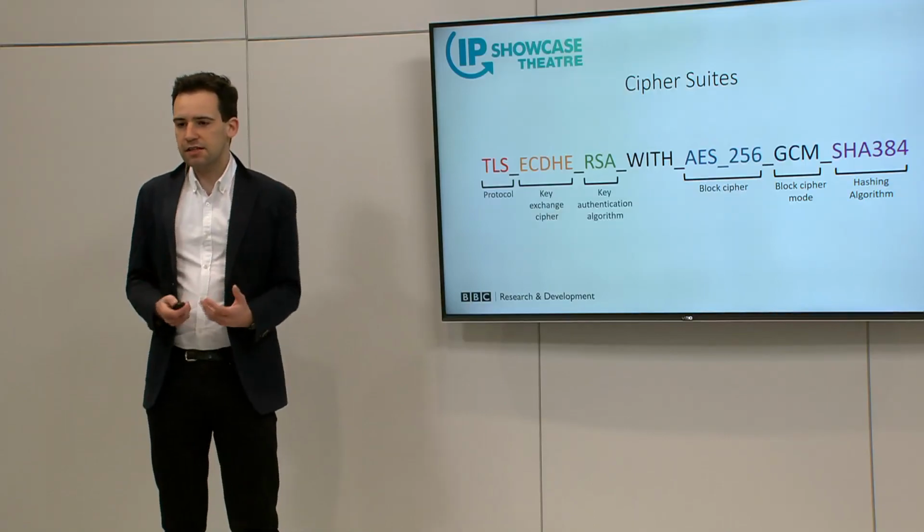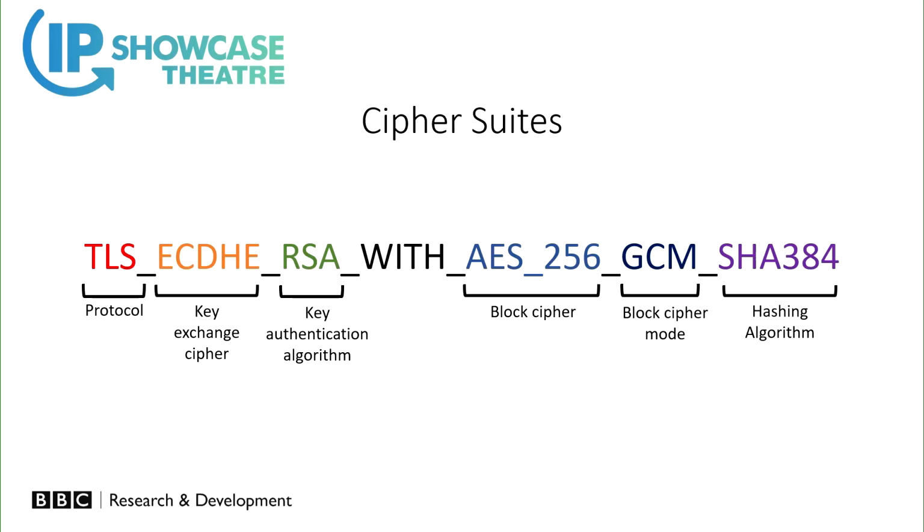So in order to do this, a number of different algorithms are used under the hood, and I mentioned before these form a Cipher Suite, and this is what a Cipher Suite looks like when it's written down. So this forms multiple chunks, as you can see. The first chunk is the protocol we're using, TLS. You're unlikely to see anything else there these days. The second is the key exchange cipher. So this is the algorithm that's doing that back and forwards to establish the shared secret.